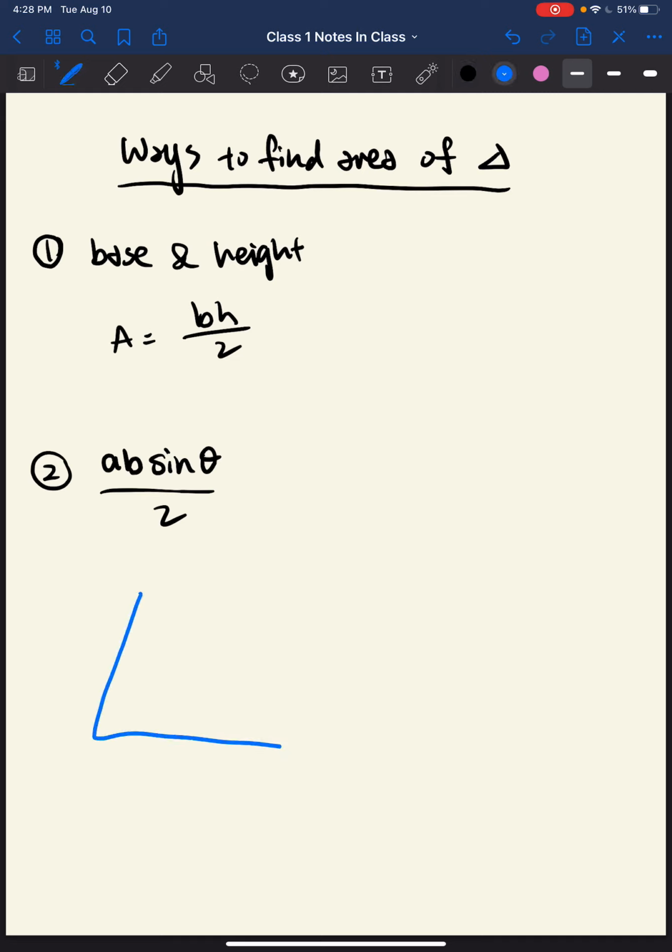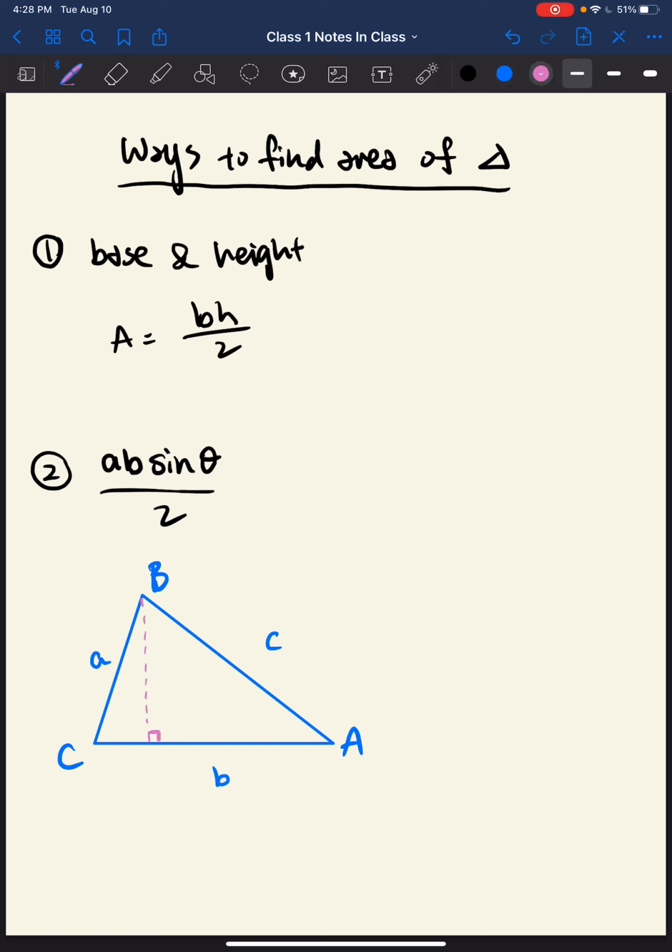So in a triangle, if I label this A, B, C, and the side lengths are a, b, and c, I make a height, which is h, and label this angle theta.